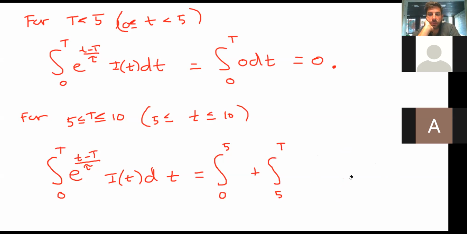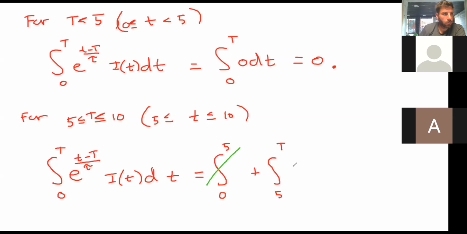Remember, 5 is going to be less than or equal to big T, so I have to do it this way. Now, what's nice about this is this integral goes away because we know that when t is less than 5, I is 0. So this guy goes away. This is the only guy that matters.